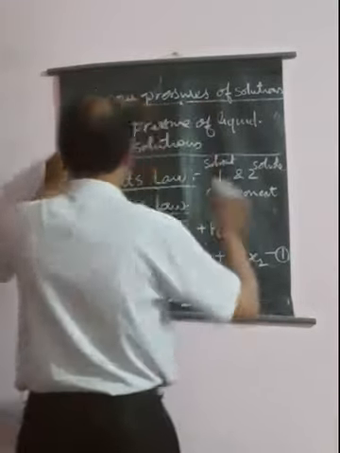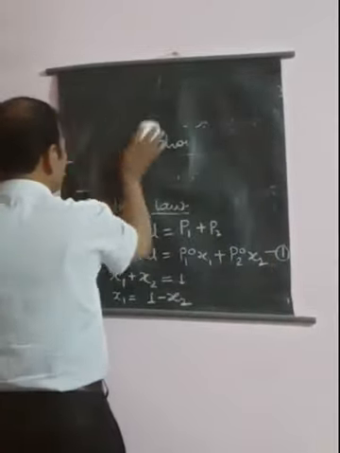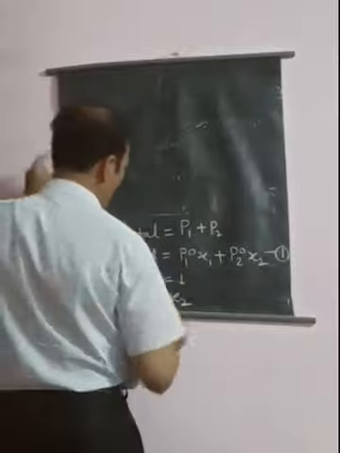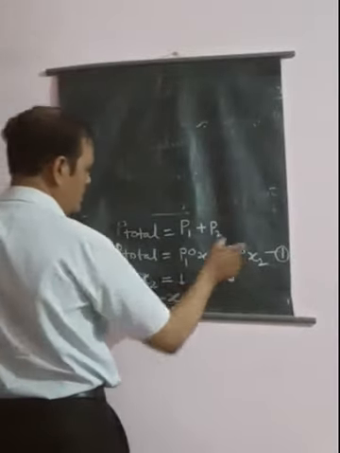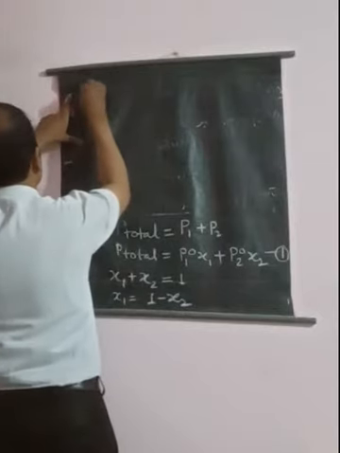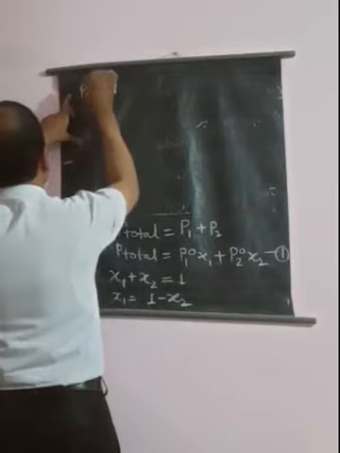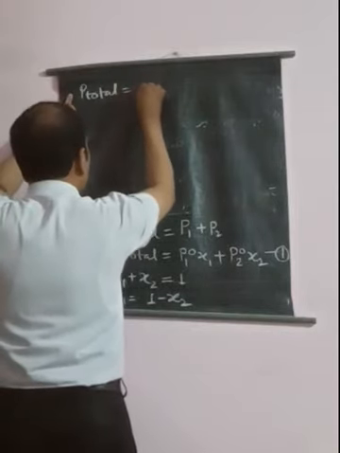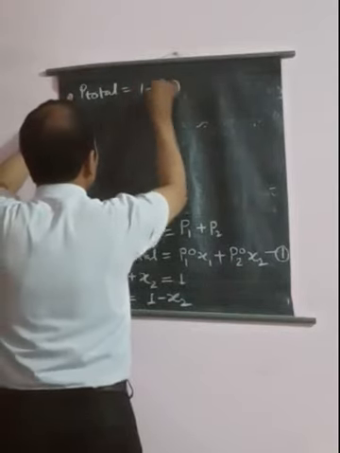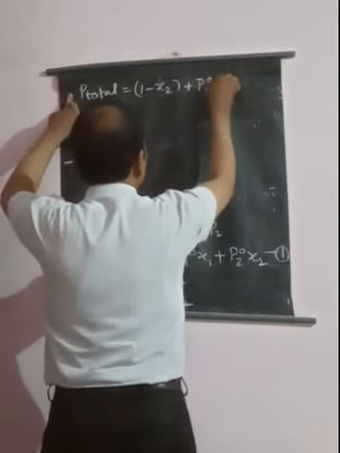Now on putting this value in equation number 1, we will get P total will be equal to P1 naught times (1 minus x2) plus P2 naught x2.